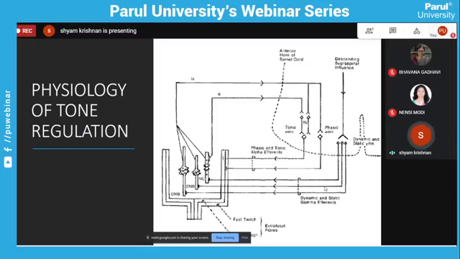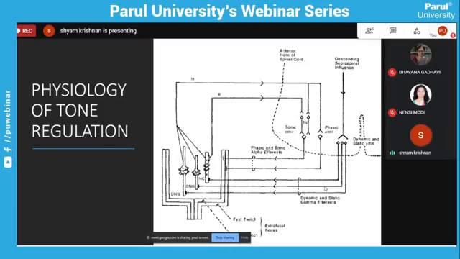We saw the definition before, and a contraction of the extrafusal muscle fiber is brought about by alpha motor neuron activity. A contraction of an extrafusal muscle fiber capable of applying force onto a bone is always brought about by alpha motor neuron activity.